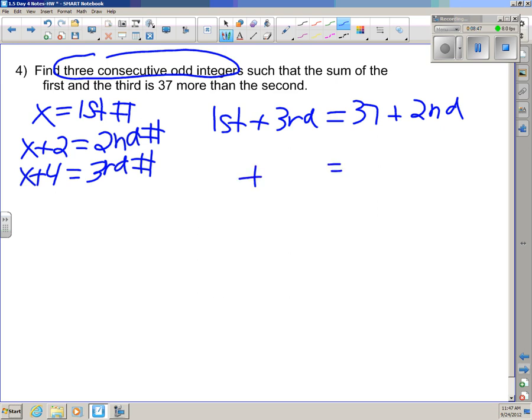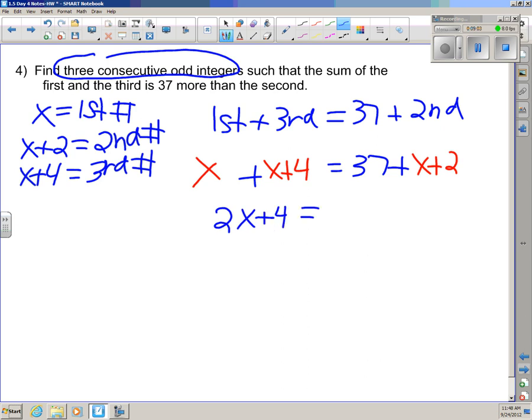So I know that this is going to come down. My first is x, my third is x plus 4, and my second is x plus 2. If I combine like terms on the same side, I get 2x's plus 4 on the left and 39 plus x on the right. Just have to solve this now.